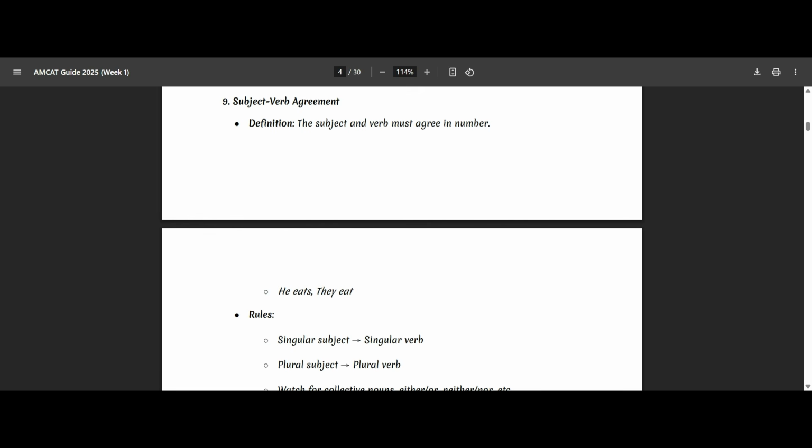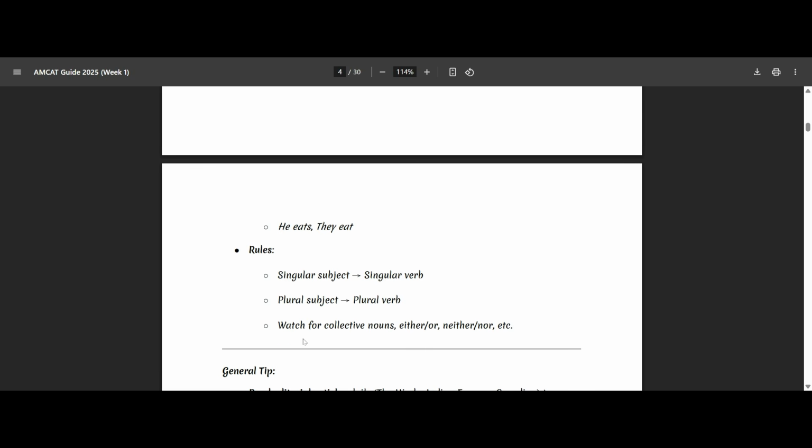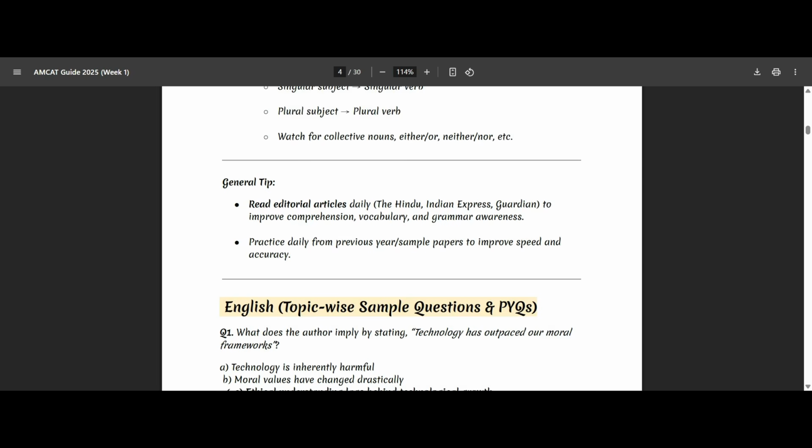Example, सिंगुलर वर्ब क्या होगा? इट्स लाइक ही ईट्स और he plays in the playground, he goes to school. And plural subject will have plural verb. Example, they go to school, they are attending a function, etc. Watch for collective nouns, okay? For example, like they ordered a cup of tea each, that way.